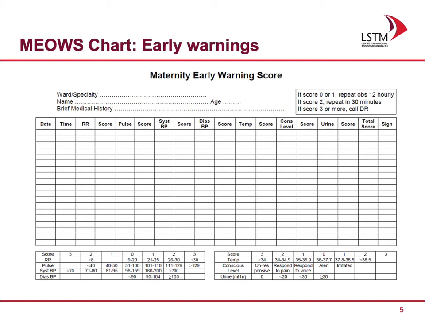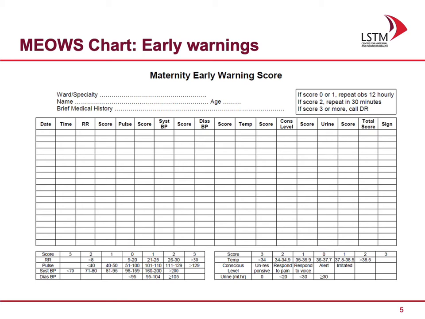So you could see, for example, if somebody had a respiratory rate of 22, they would score 1. Or they had a pulse of 120, that would score 2, and so on. And then as you go across, you add all the scores up and you derive a total score. And at the top it says, if the score is 0 or 1, you can safely repeat the observations 12 hourly.